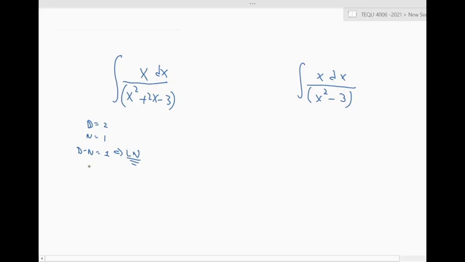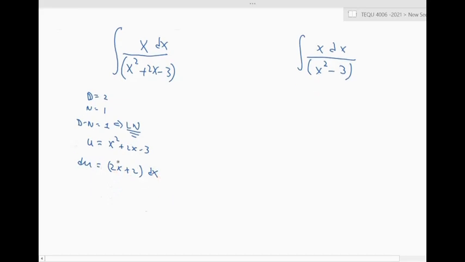For example, you might start by saying, let's do a change of variables so that the denominator here is u equals x squared plus 2x minus 3. So the differential of that variable, du, will be 2x plus 2 all times dx. All right?